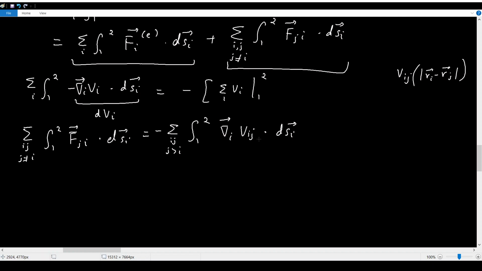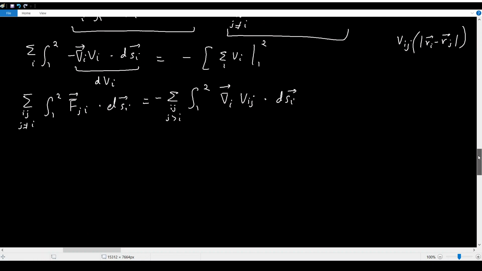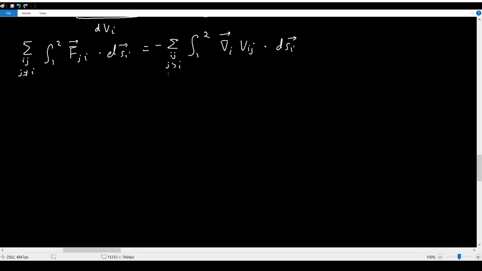So what we do now is we do the same thing we have been doing when we are considering the internal forces. We're going to write the terms more explicitly. So for each Vij, there has to be a Vji as well in the sum, right?